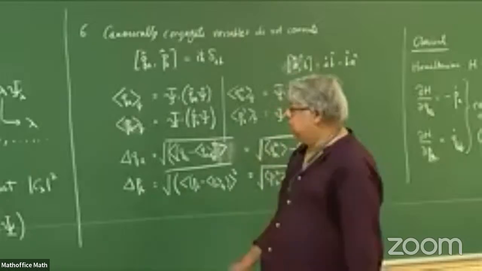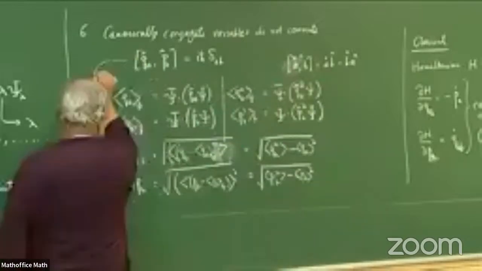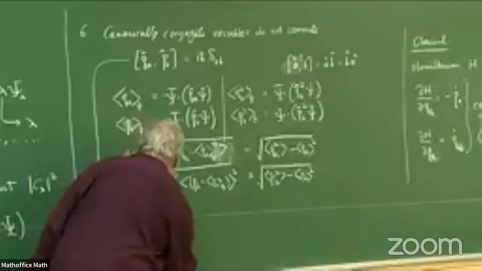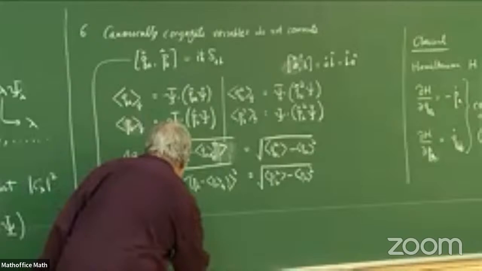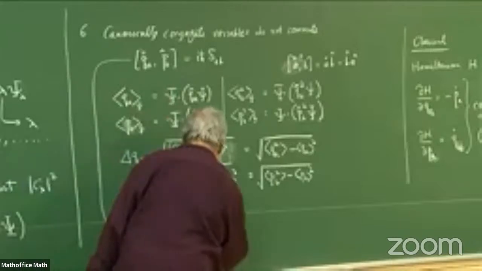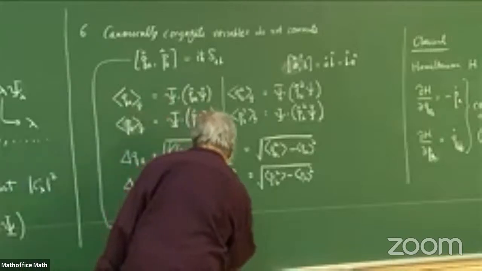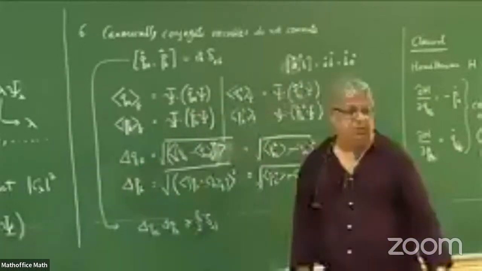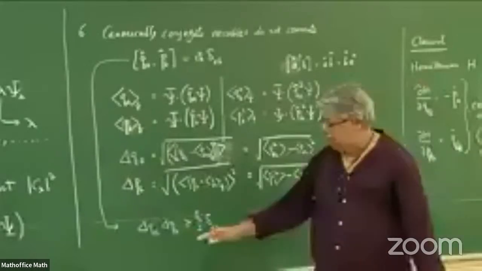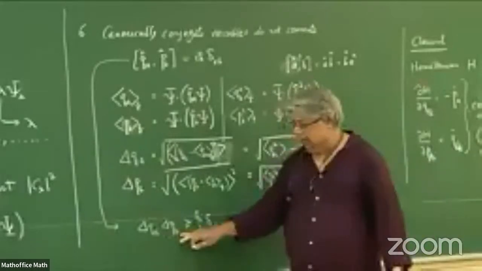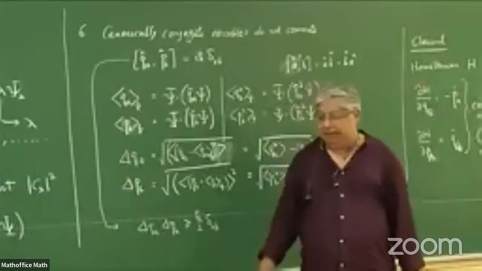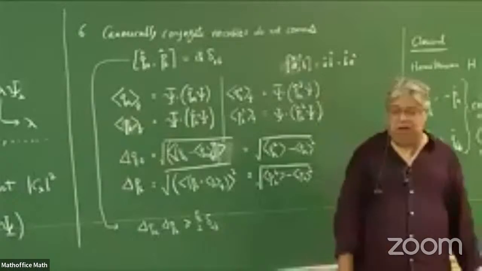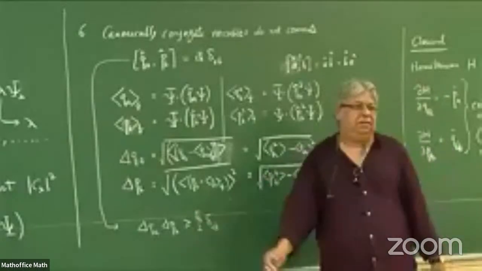Once I define these two, then I can use this one. I'm not doing that derivation to show that delta Q_A delta P_B is greater than or equal to h bar by 2 delta_AB. So a lot of information in this. First of all, if they are canonically conjugate, which means A and B are the same pair, then we have this relation. If they're not canonically conjugate, then delta_AB is zero, so greater than or equal to 0 is fine.